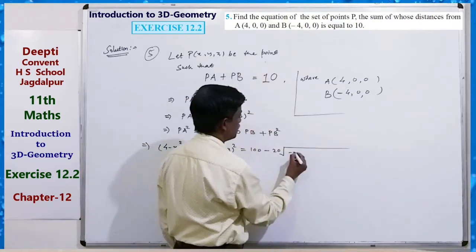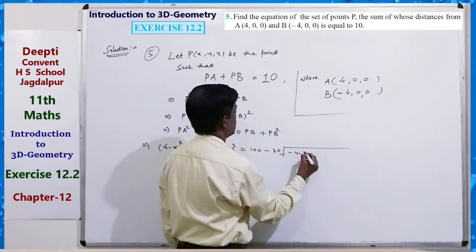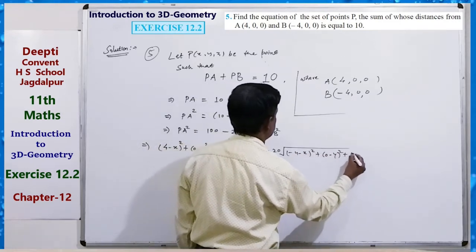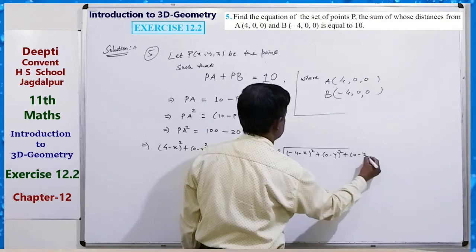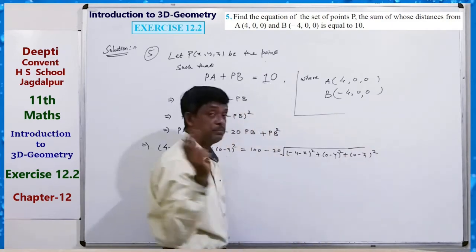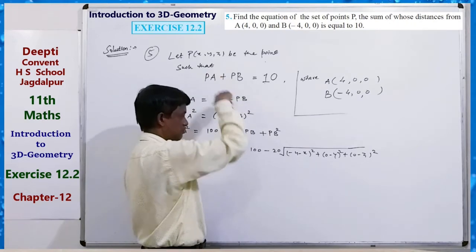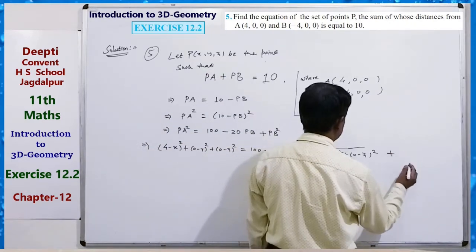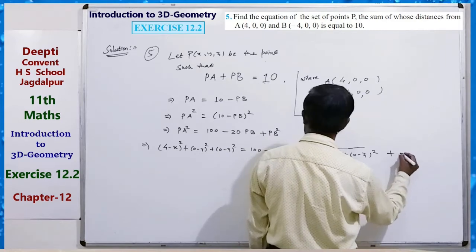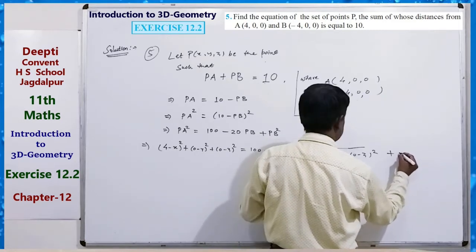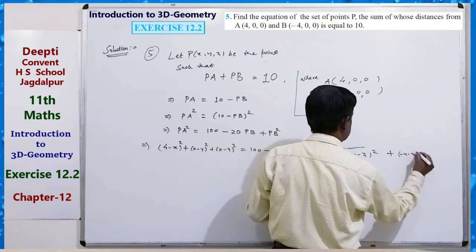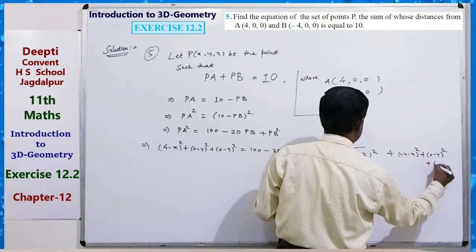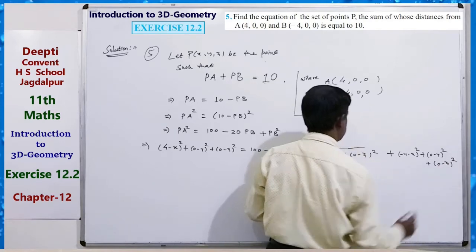PB means (minus 4 minus x) square plus (0 minus y) square plus (0 minus z) square. This PB square is also there, so we can write PB square as (minus 4 minus x) square plus (0 minus y) square plus (0 minus z) square.